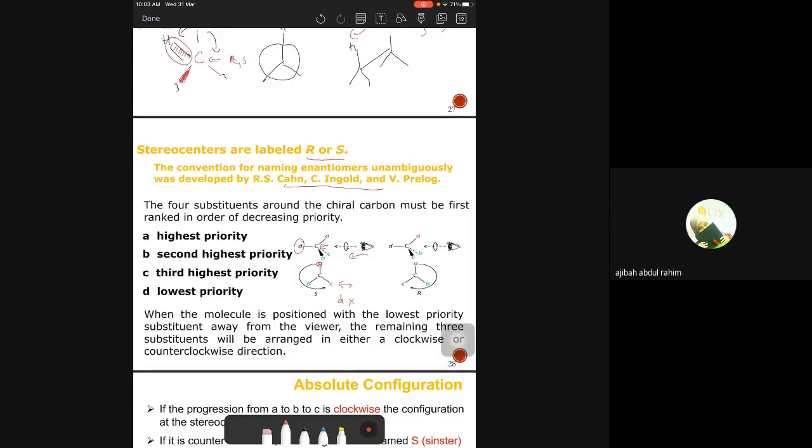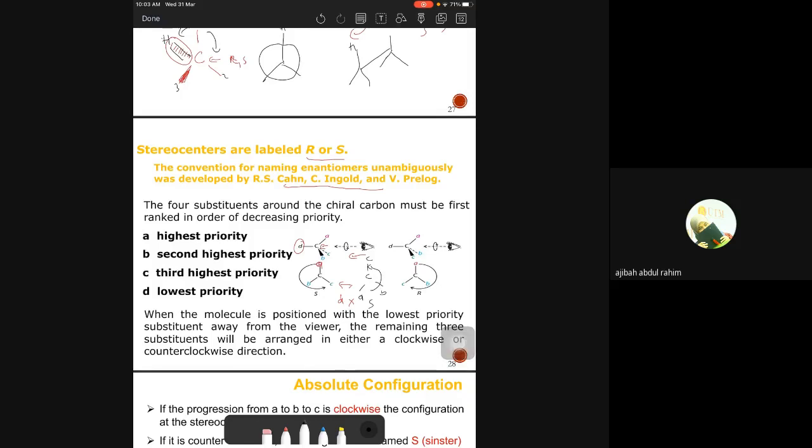You can have A over here, B and C, and it will still rotate anti-clockwise, so this will still be S, even if you change the position. Let's say you have C, and then you have A, B, and C. This will still be rotate anti-clockwise, S.